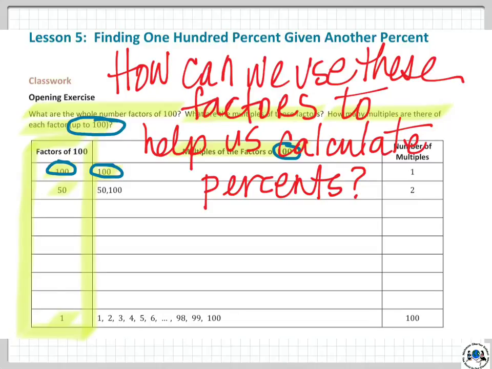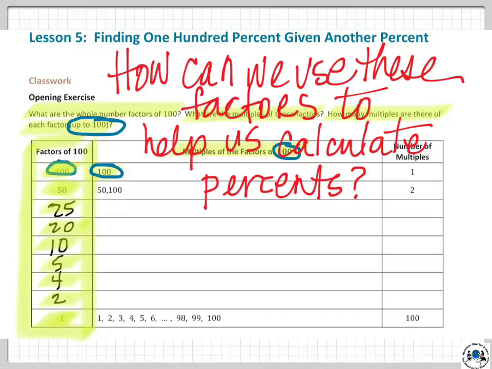The way I like to do it is I write in all the factors of 100, starting with 100 times 1, then 50 times 2, 25 times 4, 20 times 5, and then 10 times 10. Now, you can't put two 10s there because they're both the same number, so these are distinct factors.